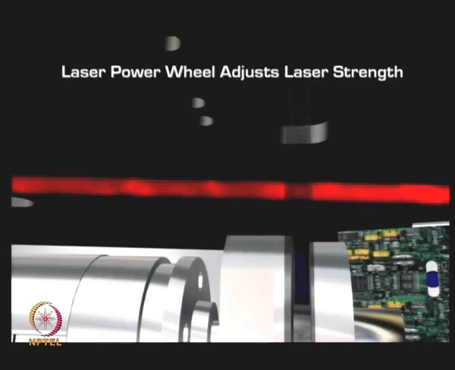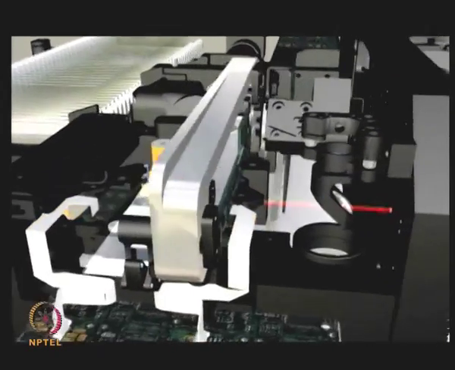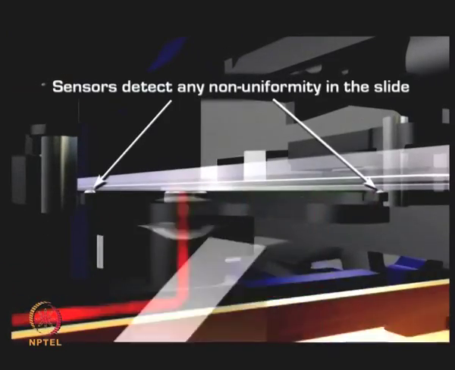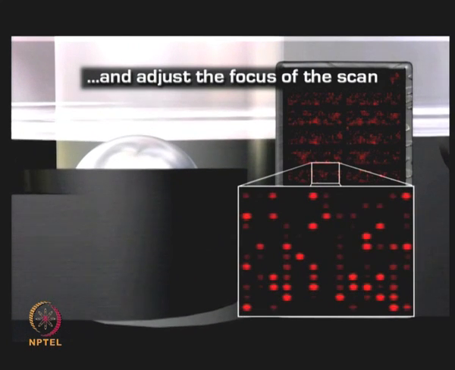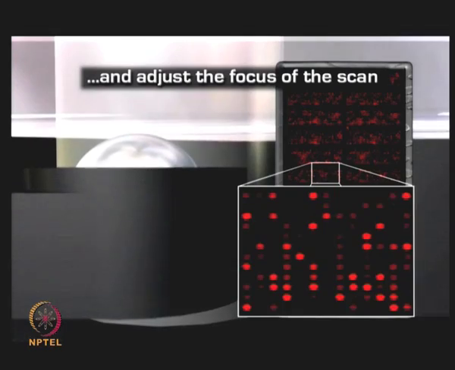The laser excitation beam is delivered to the surface of the microarray slide. The beam scans rapidly across the short axis of the slide as the robot arm moves the slide more slowly down the long axis. Fluorescent signal emitted from the sample is collected by a photomultiplier tube. As the scan proceeds, sensors detect any non-uniformity in the slide surface, and the robotic arm adjusts the slide position accordingly to ensure the array surface is always in perfect focus.